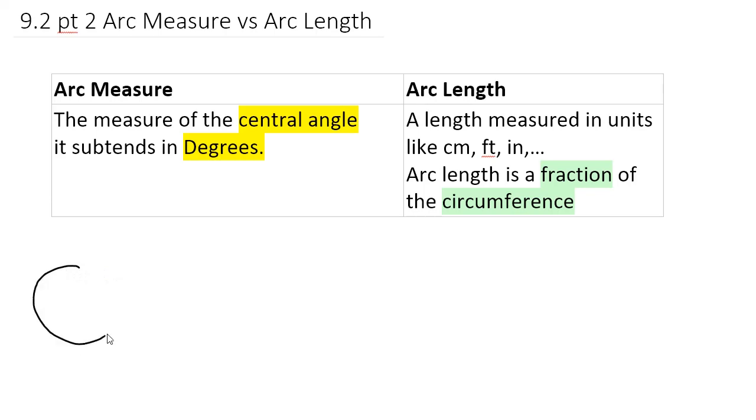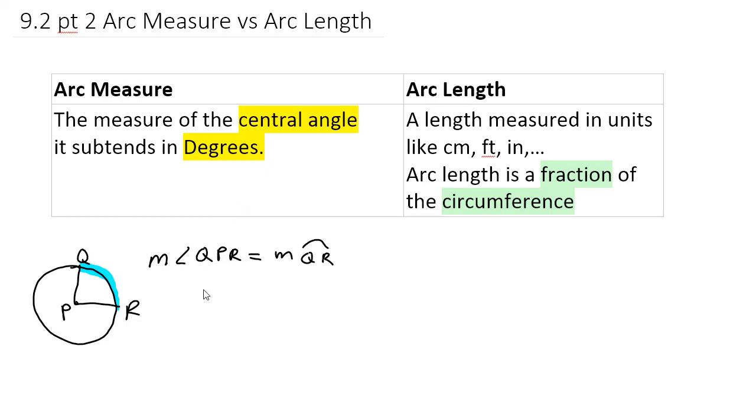In a given circle, if I have a central angle, and I wanted to know the measure of that arc, and I knew the measure of the central angle, then it would be the same thing. The measure of angle QPR would be equal to the measure of the arc from Q to R. Okay, so that was a relationship.